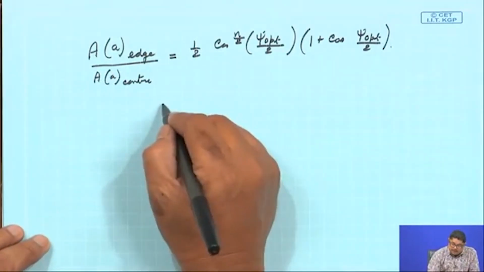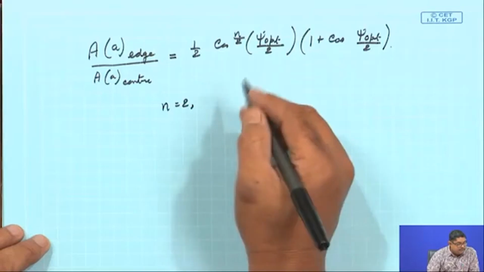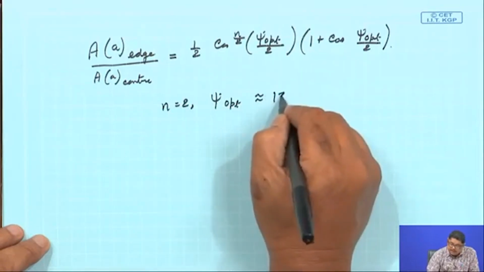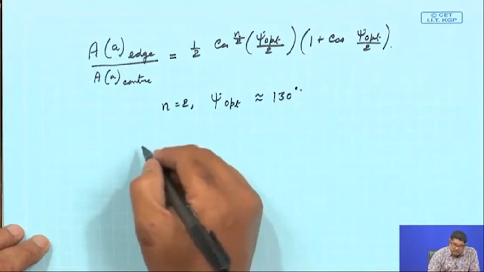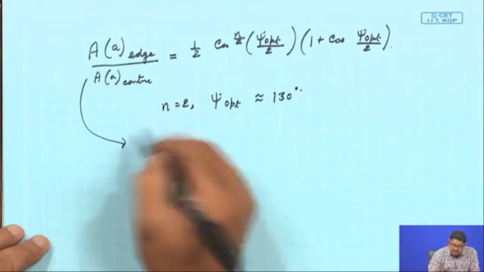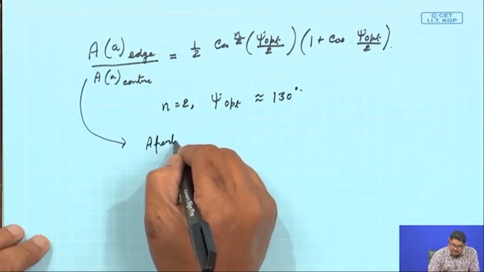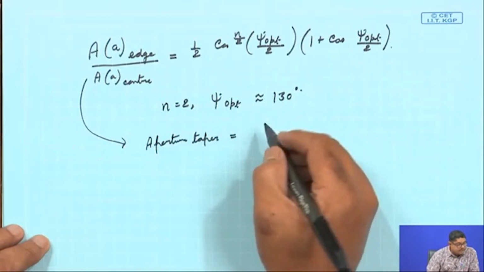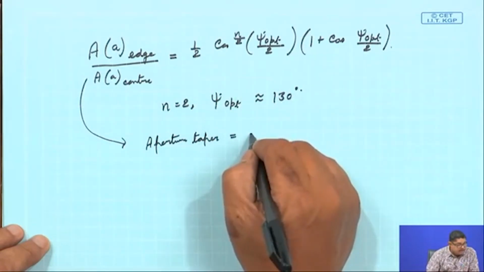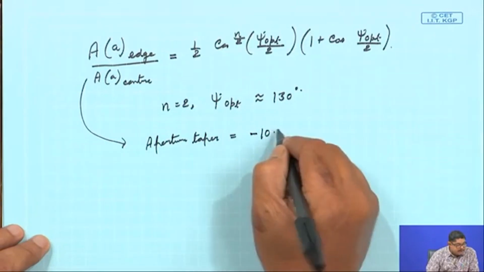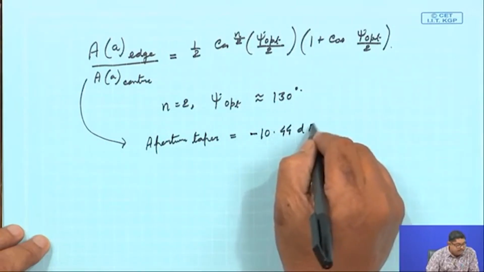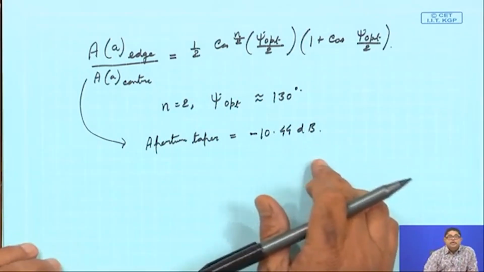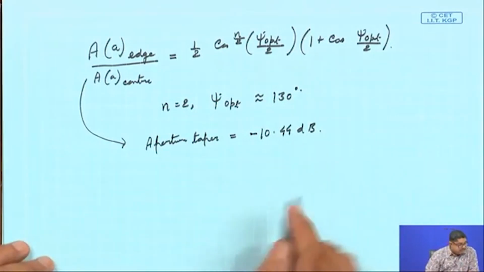So, for n is equal to 2, from the graph we have seen psi opt is something like 130 degree. So, we can say this one, this is called aperture taper. That is, if you calculate, that will become minus 10.44 dB. Remember that for this aperture taper, to calculate this dB, we have taken a 20 log, because this is a field.